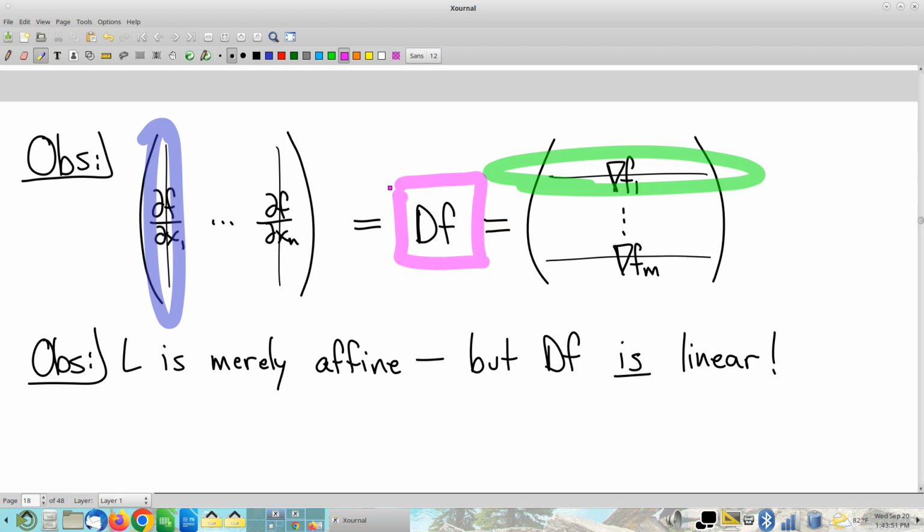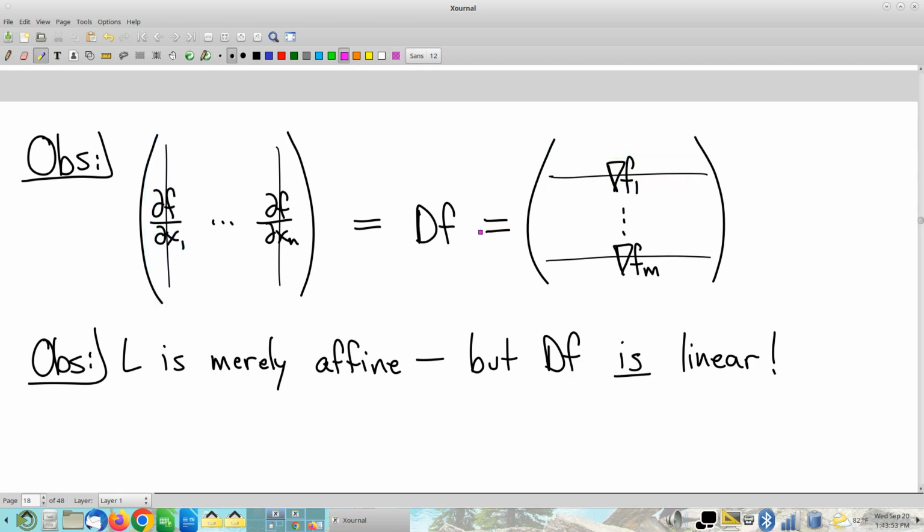The other observation I want to make is, again, kind of annoying. What we call the linear approximation is itself not a linear function. That's unfortunate, right? It is something slightly different. It's called affine. Don't worry about it. But why do we use the term linear if it's not linear? The big idea is that df is doing most of the heavy lifting.